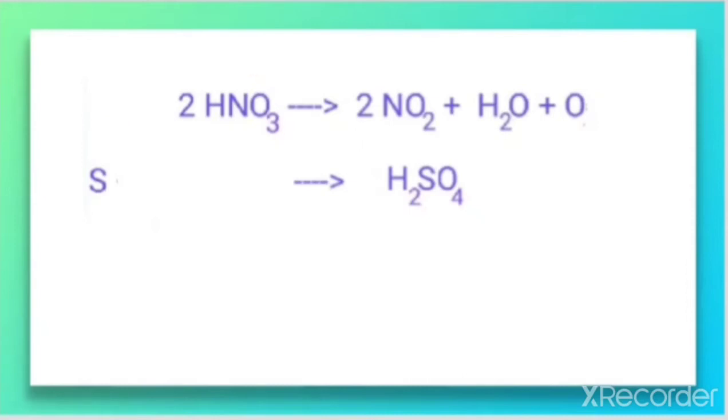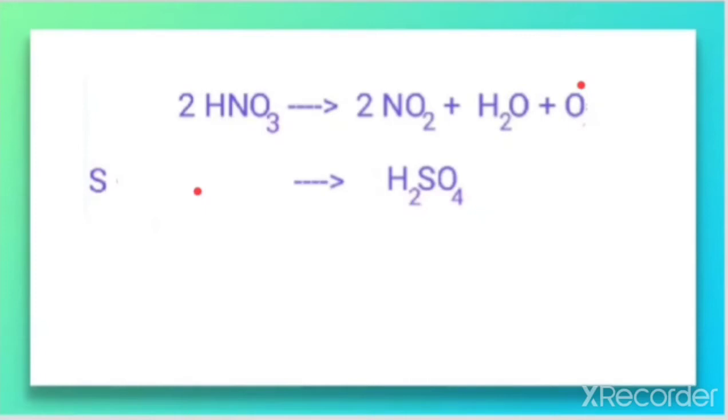Now what is the oxidation here? Oxidation of sulfur to sulfuric acid is taking place. You are familiar with the sulfuric acid formula, so it is easy to remember: S into H2SO4. The nascent oxygen that nitric acid gives is taken up by this reaction.